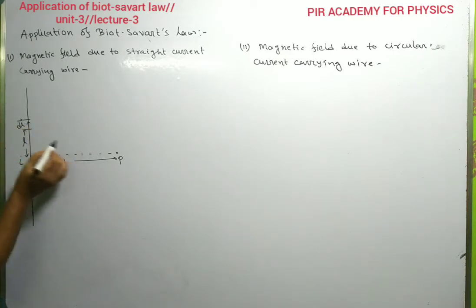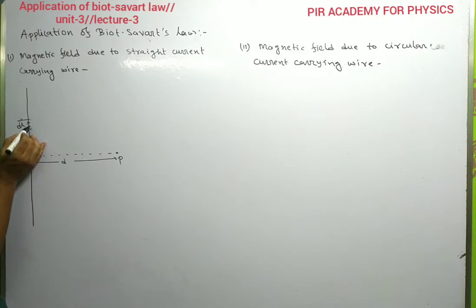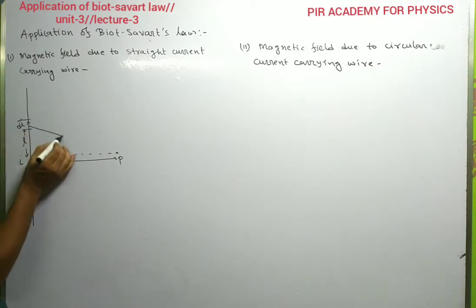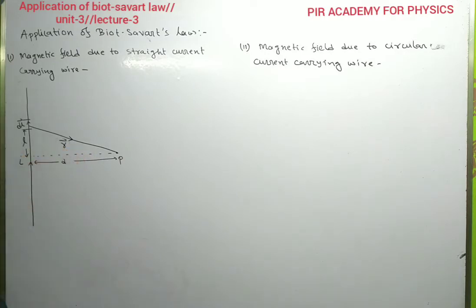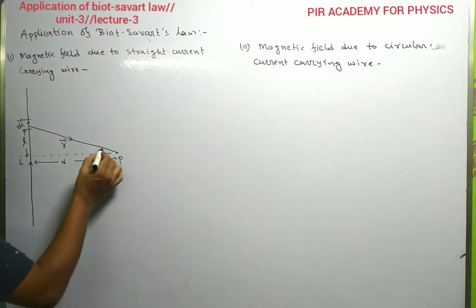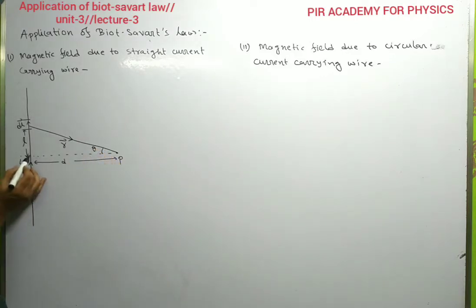Now the distance of P from this current element, suppose this distance is R. This is R. So here if I take this angle as theta, then this is 90 degree, this is 90 degree, then this angle will be 90 degree minus theta.